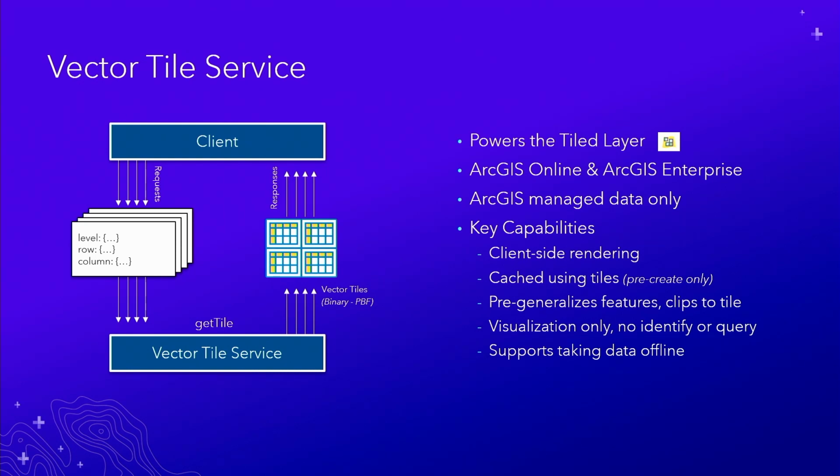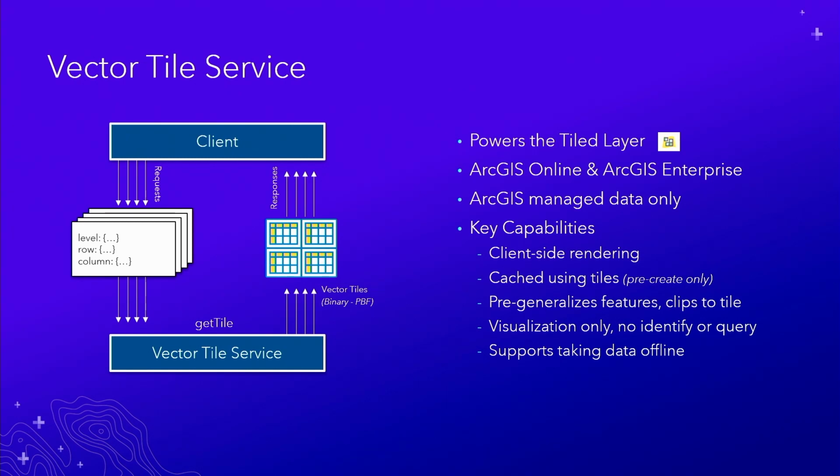But what the server is responding with is not an image, it's a set of tiles that actually contain vector data. In this particular case, the format that it's returning is something called PBF, or protocol buffer format, which is a binary format that we'll see in just a minute, which provides a really nice compression for that feature data that's returned from the server to the client.